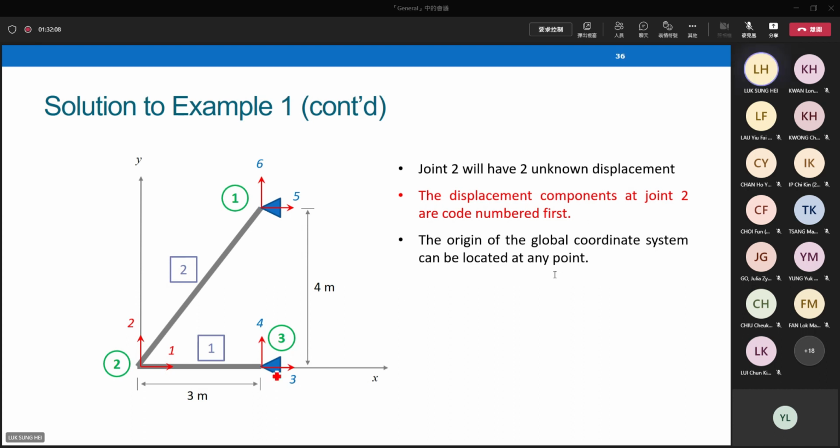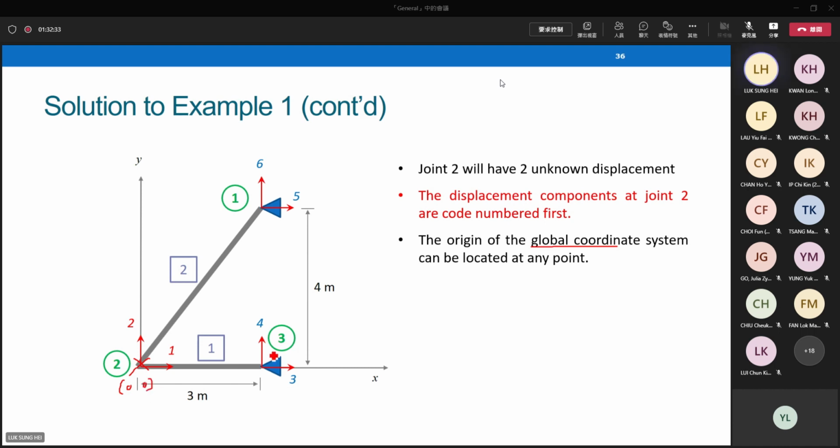Normally, we pick the origin of our global system at the bottom left-hand corner here, so that all the coordinates become positive. It just makes our calculation easier. We don't want to handle negative coordinates. So I put our origin at the bottom left-hand corner. What is the coordinate at node 2? 0, 0.